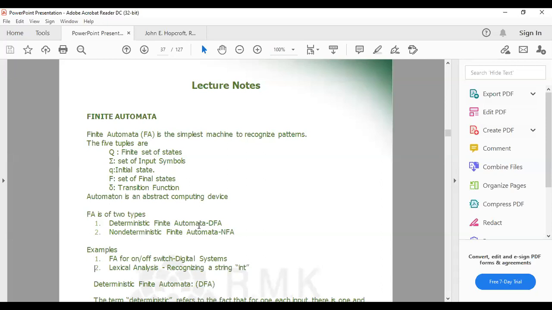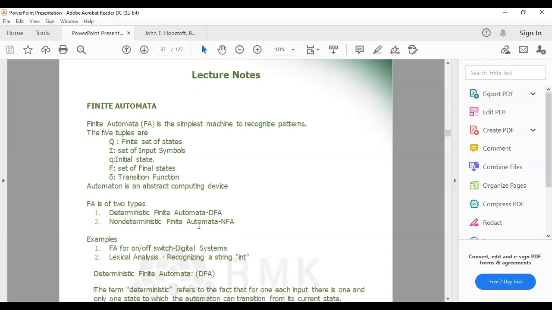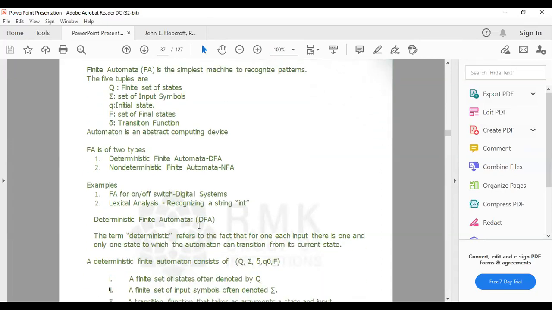If you give the definition with an example, definitely you will get full marks. And for DFA, you have to mention all those things. DFA consists of 5 tuples, like that you have to mention.